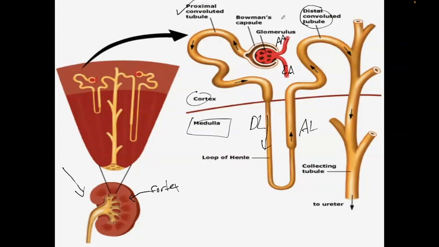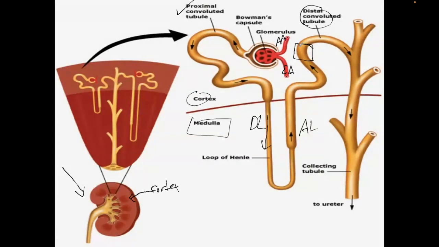Now, I want to point something out to you. Notice that this part of the distal convoluted tubule is very, very close to the afferent and efferent arterioles.